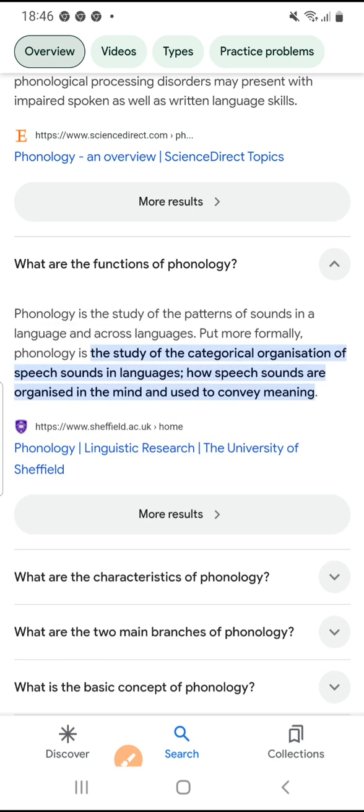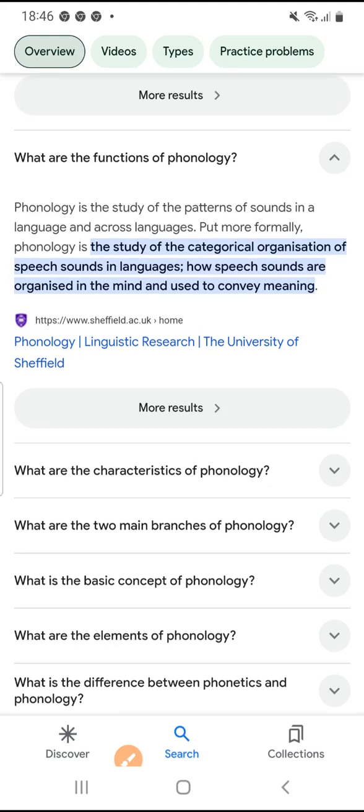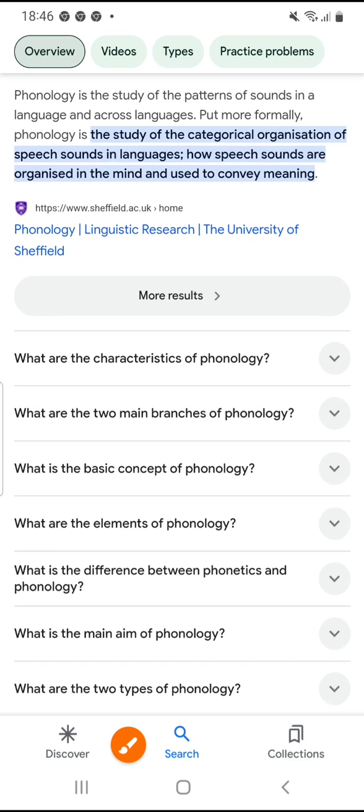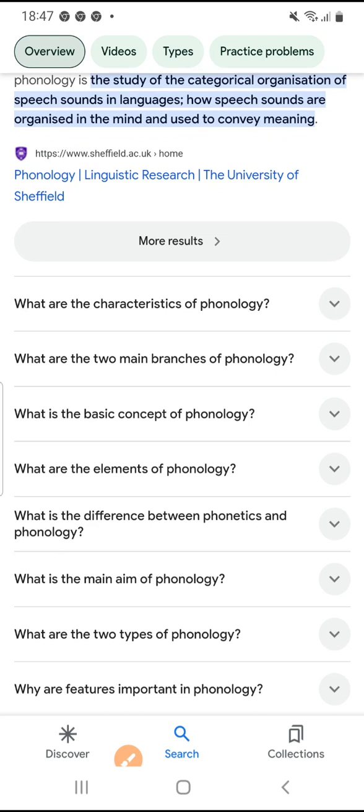Now, functions of phonology. Phonology is the study of patterns of sound. So that is not a study of sound, that's patterns of sounds in a language and across languages, right? Put more formally, phonology is the study of categorical organization of speech sounds, like how a noun is pronounced, then a verb, then an object.